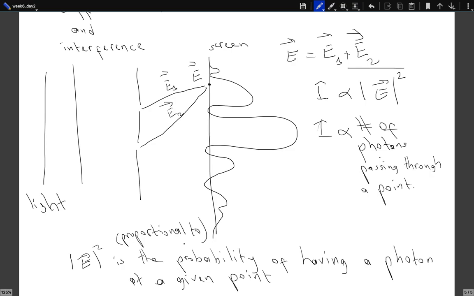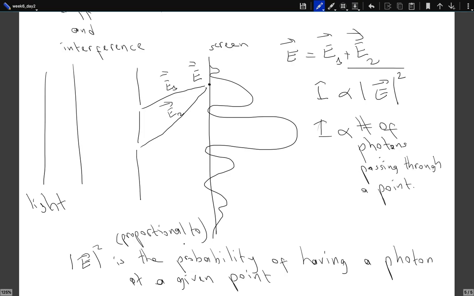Why does this understanding reconcile these two descriptions? Because in the particle description, what we now have is, at this point, the probability of observing a photon is much larger. And hence, if you send a very large number of photons, most of them will be falling on this point.